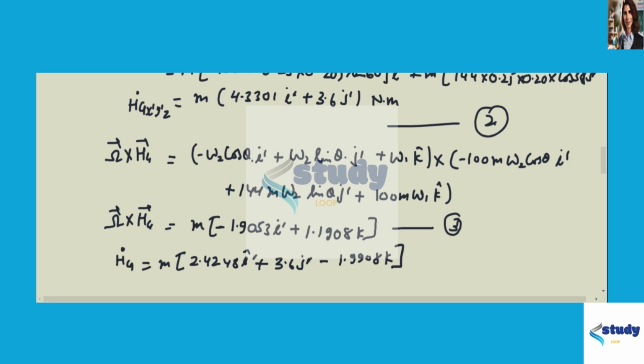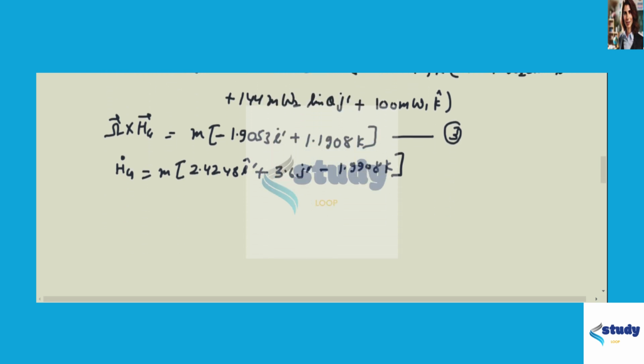Now substitute the value of m, I dash and J dash. In the above equation, substituting the value of m, I dash and J dash, you may write m is 30,000, 2.4248.